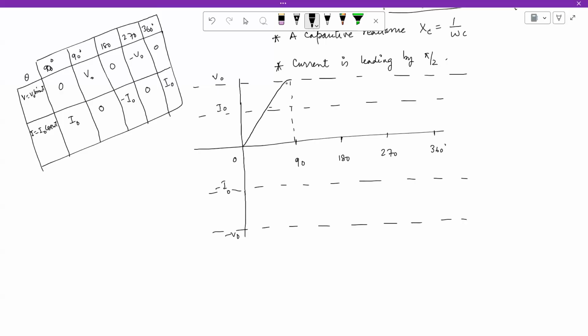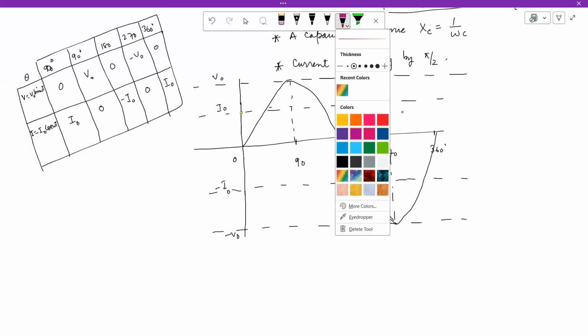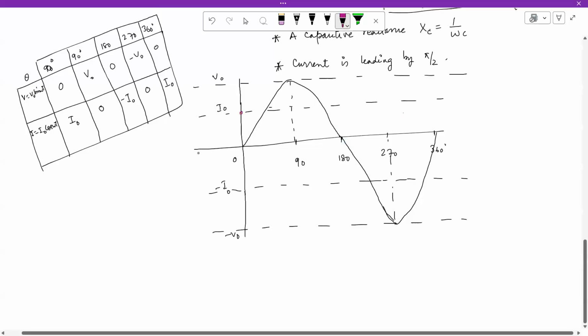So this goes like this. And then we have this I naught. So at 0, it's I naught, so it will start from here, right? So it will start from here.